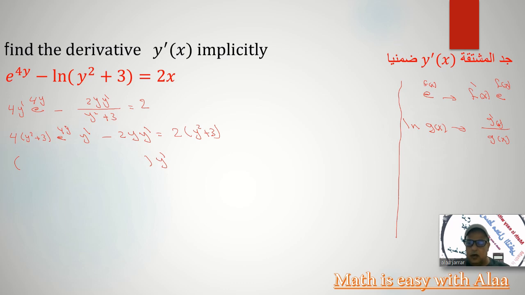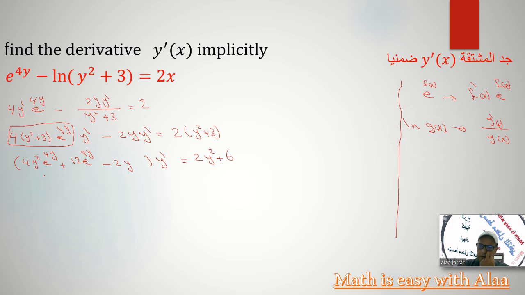So I will take this and simplify it. I will multiply 4 by y squared, it will be 4y squared e to the power 4y plus 4 times 3 is 12, 12 e to the power 4y minus 2y equal y squared plus 3.